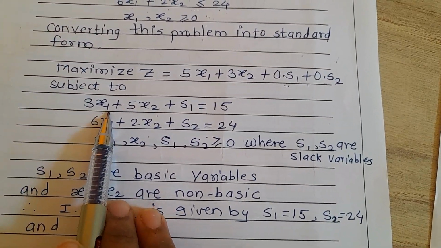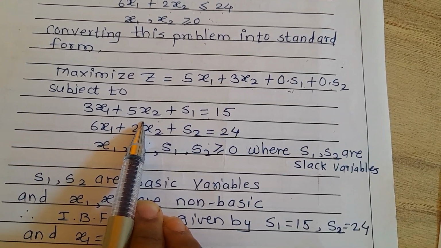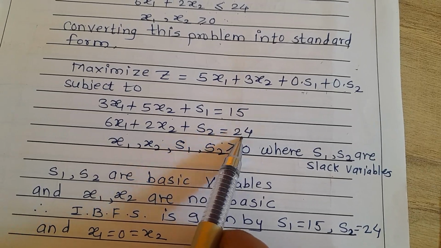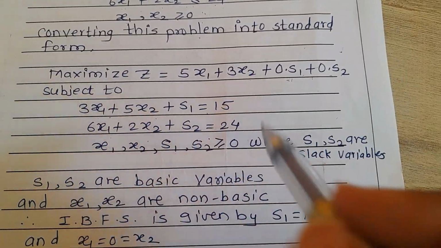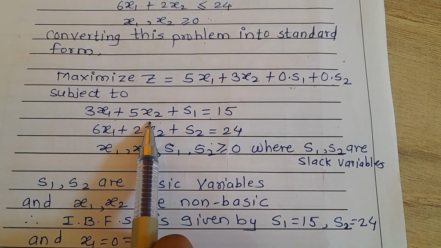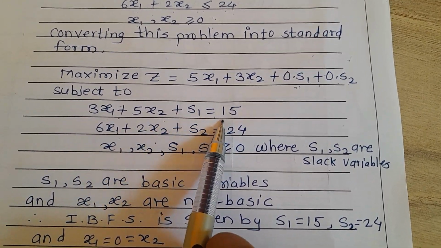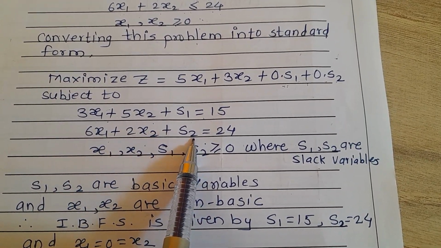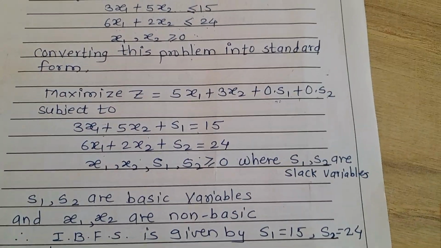Suppose we take x1 equals 0, x2 equals 0, we get directly s1 equals 15, s2 equals 24. If we take x1, s1 equals 0, then here we get x2 equals 15 upon 5, meaning 3, and here x2 is remaining and s2 is remaining, therefore it does not satisfy the two constraints.